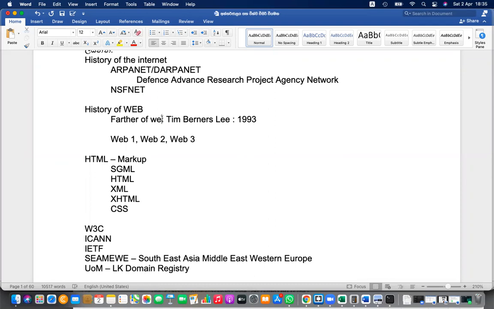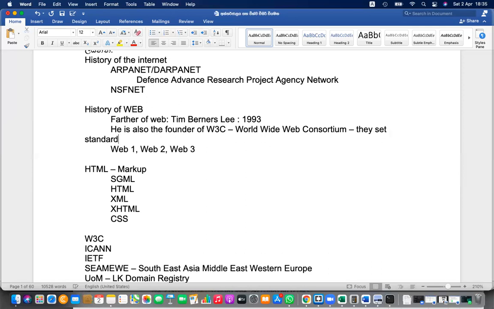He is also the founder of W3C, the World Wide Web Consortium. They set standards for the web.